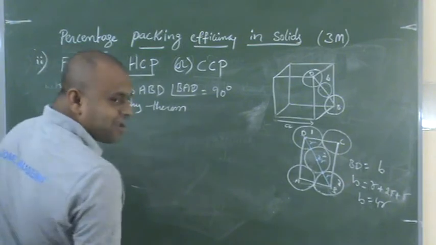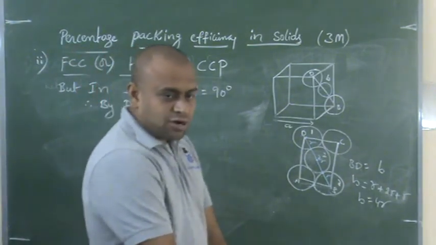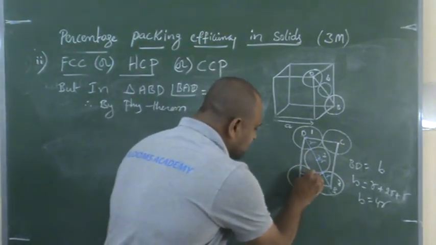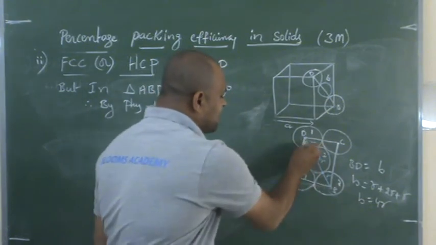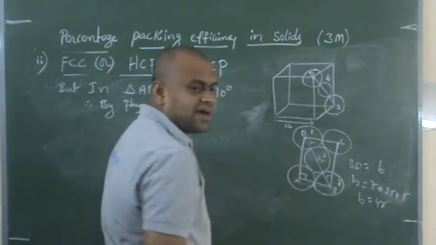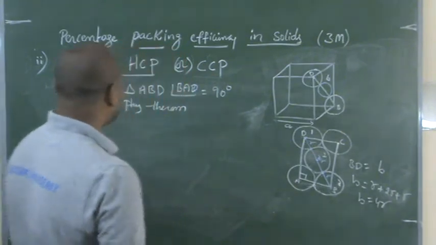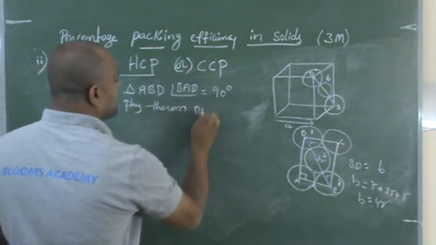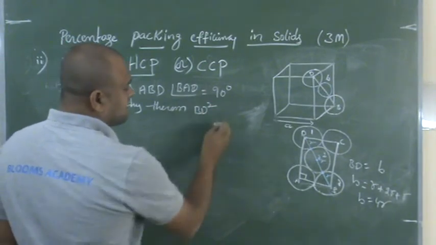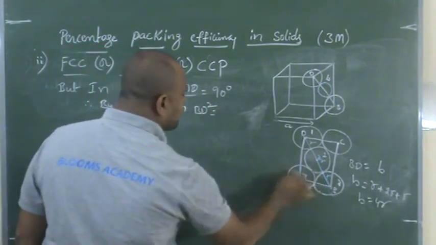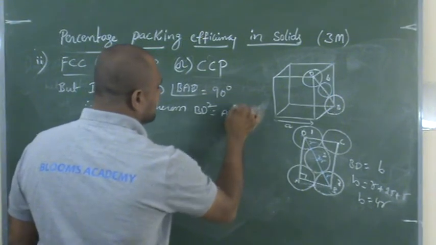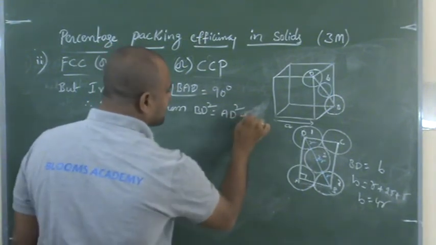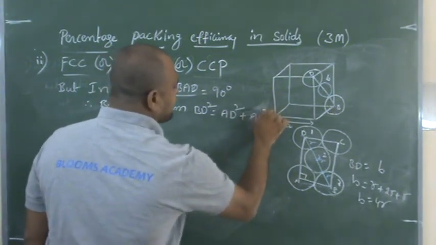you all know Pythagoras theorem is applicable to a right angle triangle. As this angle is 90 degrees, ABD is a right angle triangle. Therefore, by Pythagoras theorem, hypotenuse square, that is BD square, is equal to the sum of the squares of the other two sides, that is AD square plus AB square.